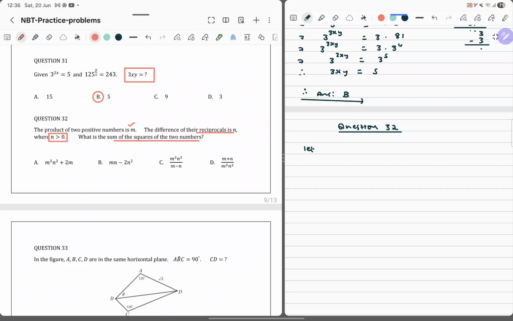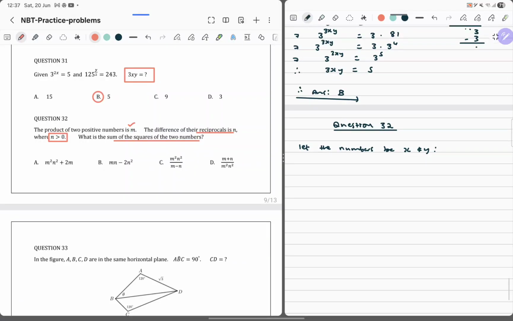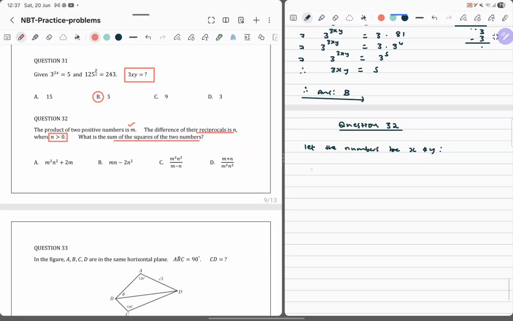So we're going to say let the numbers be x and y, such that we are told the product is m. That's the first thing.